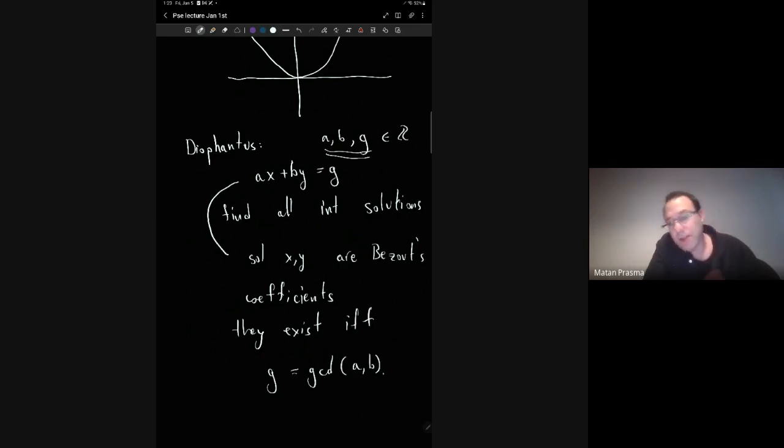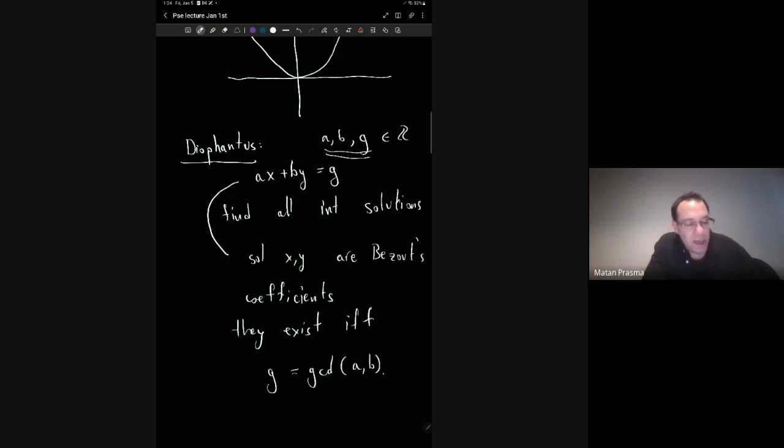And there is a method, which modernly you do with an integer version of Gauss elimination, for those of you who know. There is a simple method, and Diophantus apparently also knew of a simple method to find all the possible integer solutions to this equation.